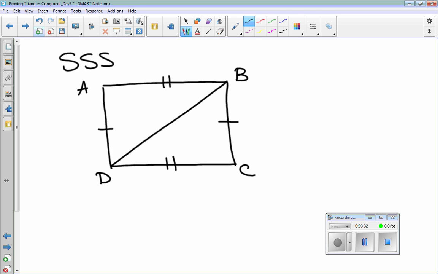I also want you to get a different color of pen or pencil, a color that will stand out. Maybe you want a highlighter, that's fine. But for now, I just want you to put this, but you will need something else in a different color in just a second. Okay? Do me that favor.